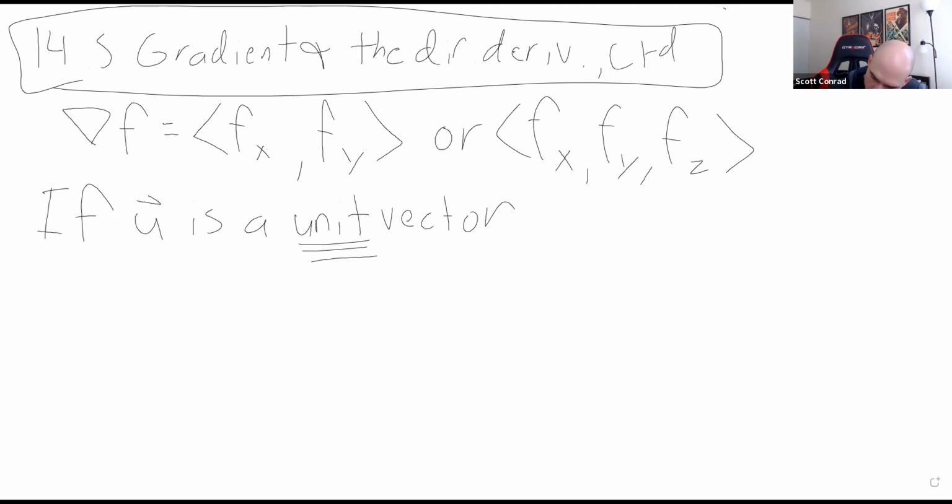So if u is a unit vector, and p is a point, I'm going to use p because it can stand for either a point in R2 or a point in R3. And it works the same way. So p is some point.